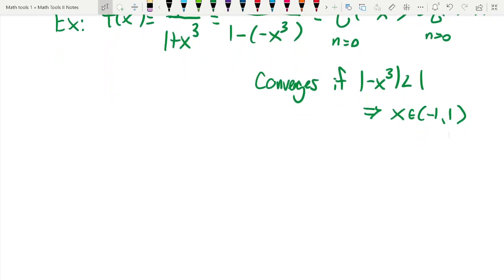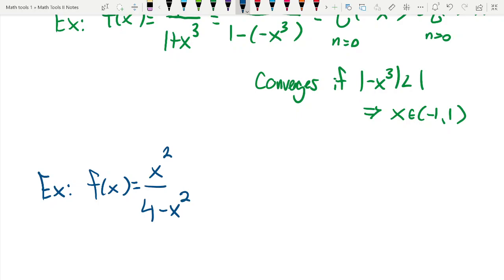And now let's look at one more, which is pretty tricky, but we can still get it into this form. So the function here is f of x equals x squared over 4 minus x squared. Okay, so this is pretty different, but we can still kind of see the bones of that form, right? So let's go ahead and see what we can do here.